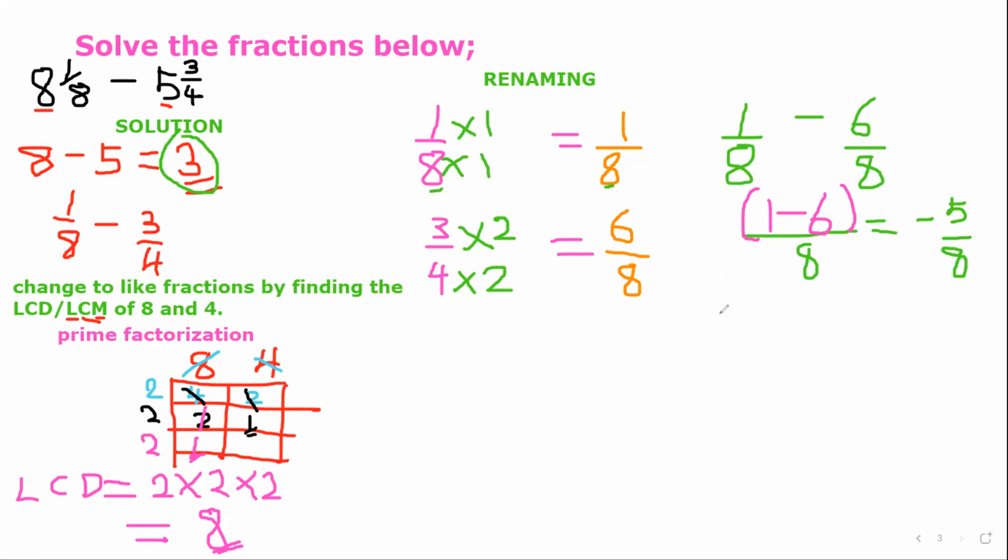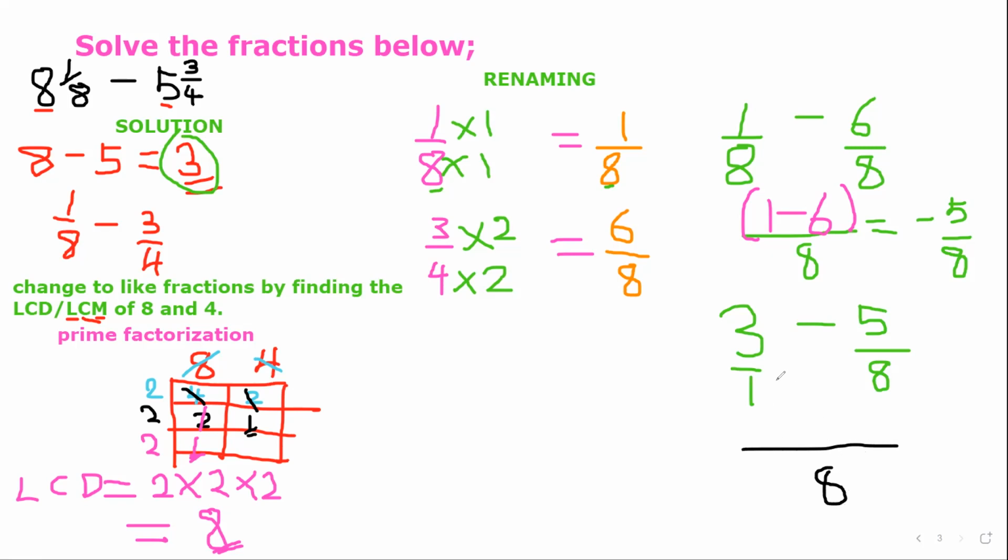So we have the 3 minus 5/8. Okay. Every whole number is over 1. So when you find the LCM of 1 and 8, it's still what? 8.